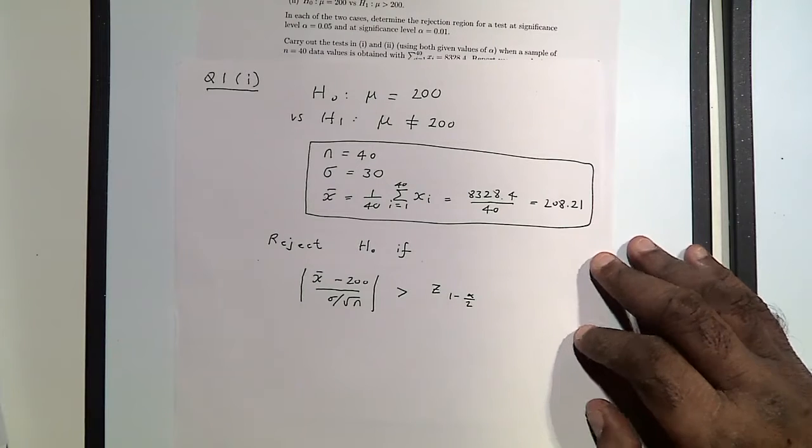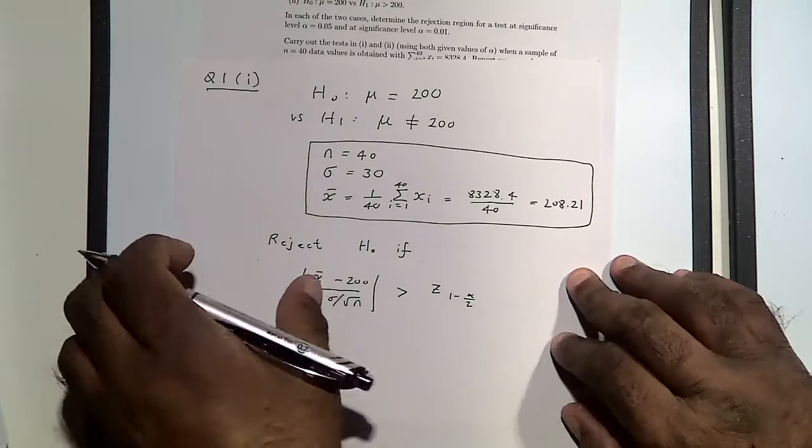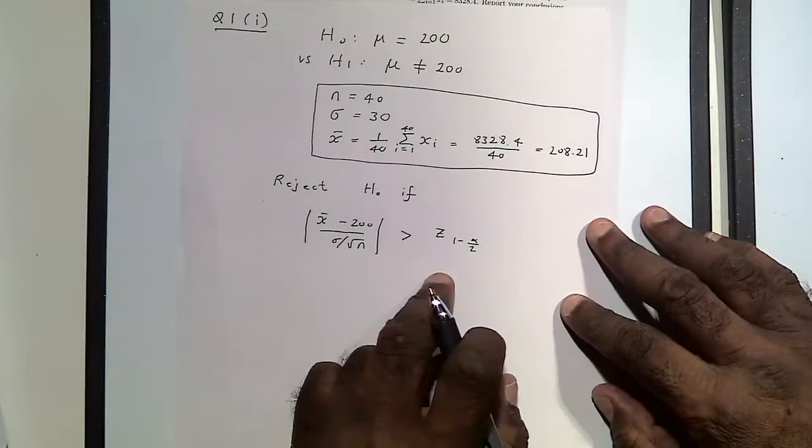Right, so this is the rejection rule. I showed you this a minute ago on my website. So what you need to do now is to work out the left and the right hand side.